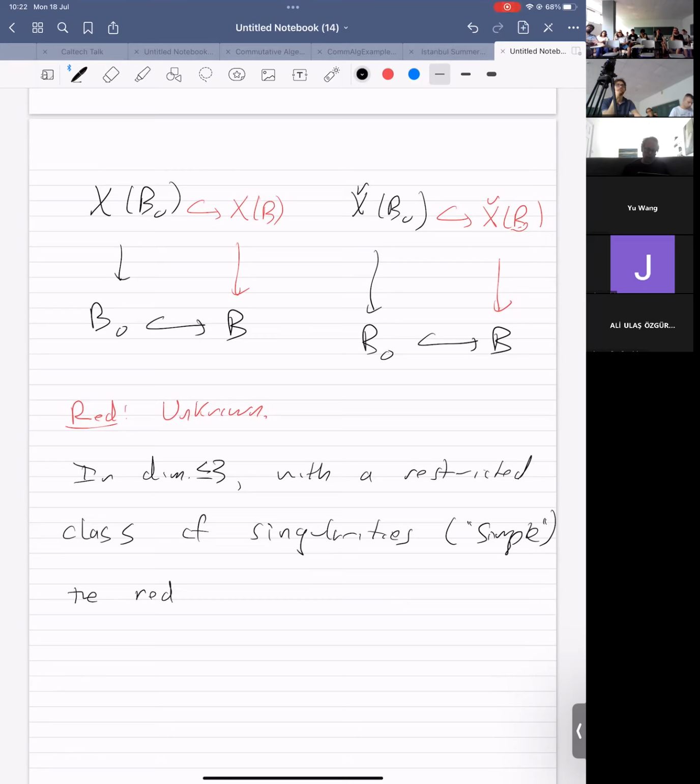The diagram on the right exists in the symplectic category.